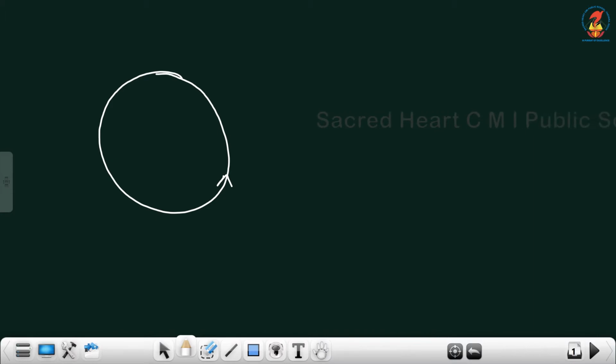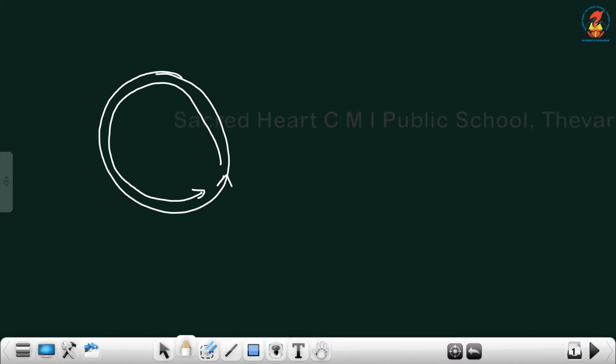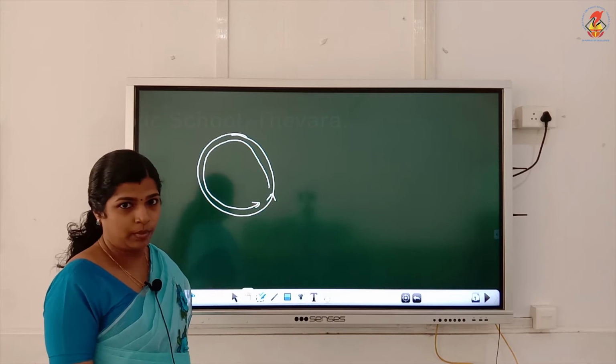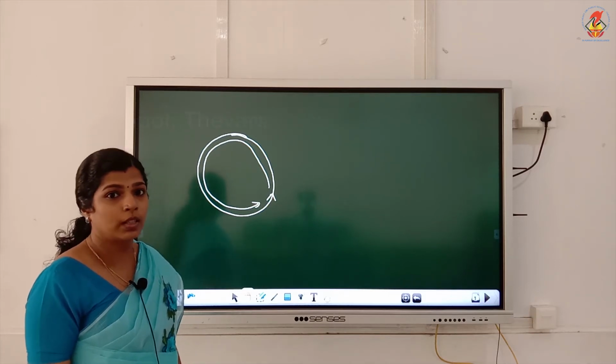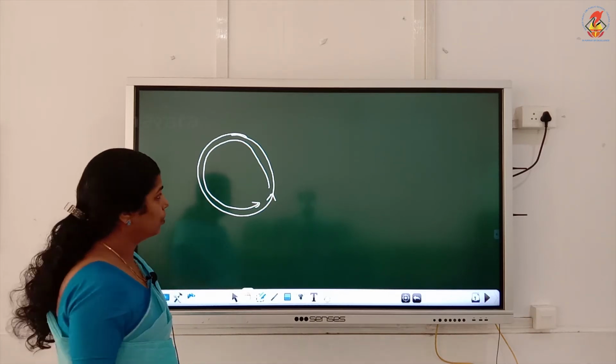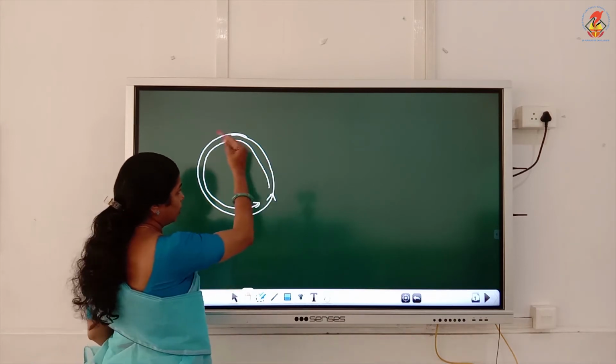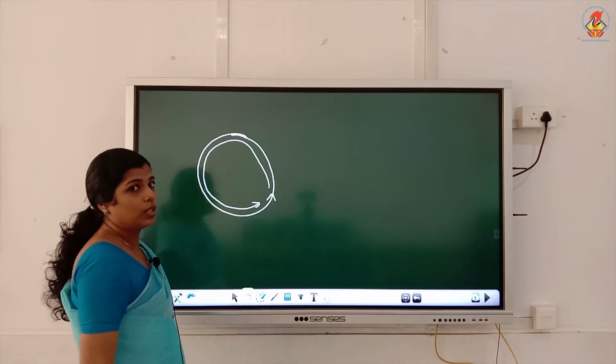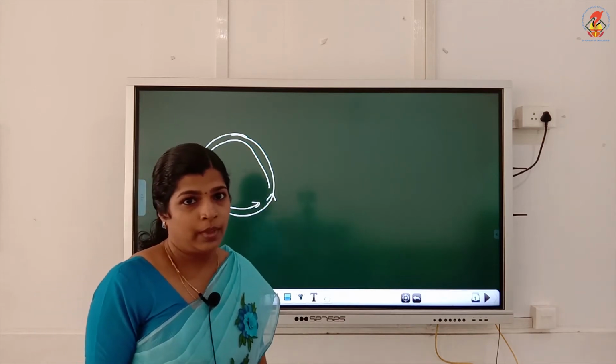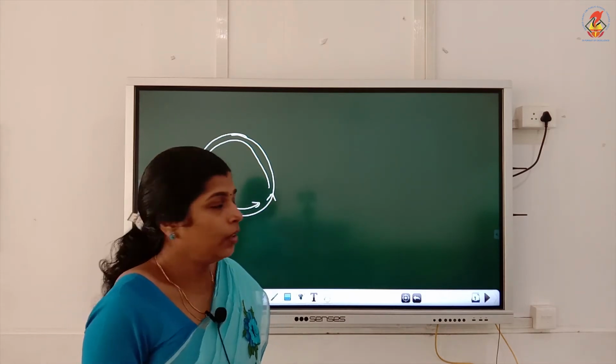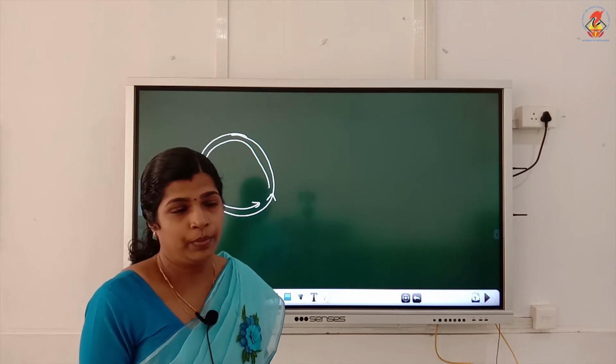At the same time, if the speed is not changing when the object moves along the circumference of a circle, then we call it uniform circular motion. The object will be moving in a circular path with constant speed.